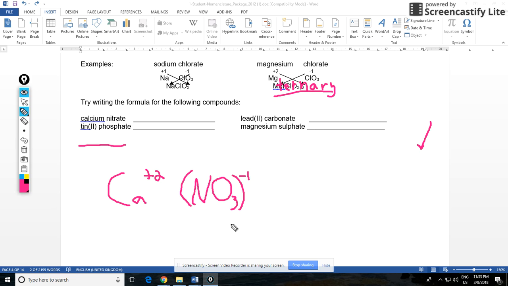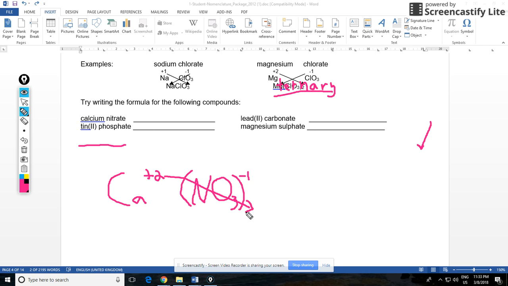That's because you cannot change anything about your polyatomic ion in terms of its number of atoms. If you move this 3 by accident, then it becomes something different entirely. So you always put your brackets surrounding your polyatomic ion so you can protect it, so you don't change it during the crisscross or reverse crisscross method. Your 2 can go down here outside the bracket.